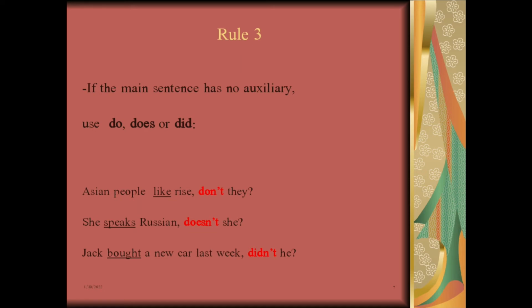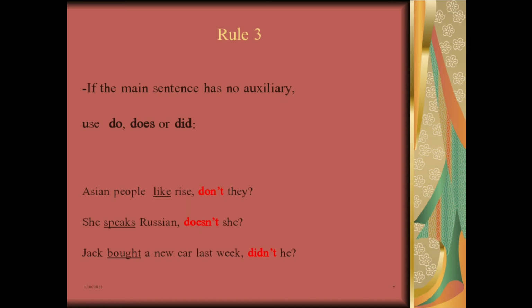According to the verb here, like is verb stem, so we use do and put it in negative, so it will be don't, and put the personal pronoun in the same person as the subject, here they. Asian people like rice, don't they?